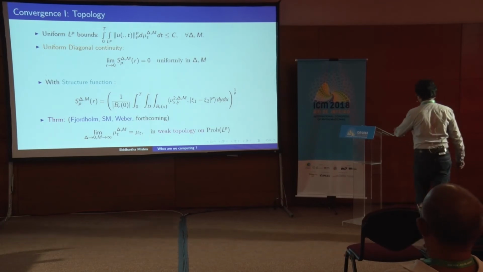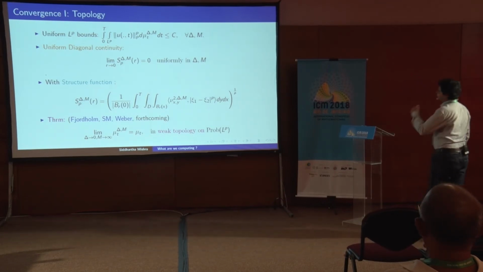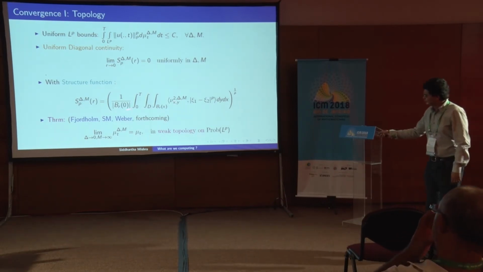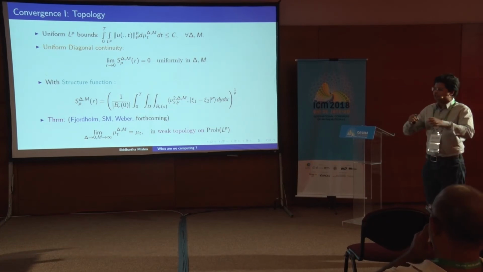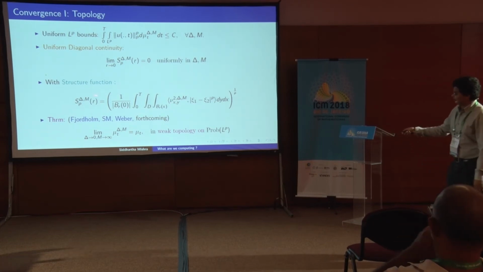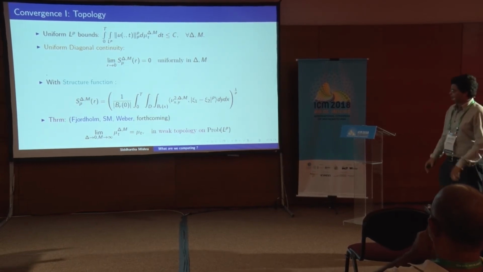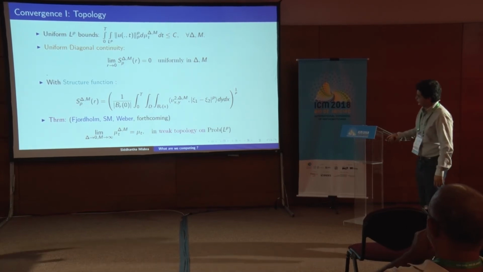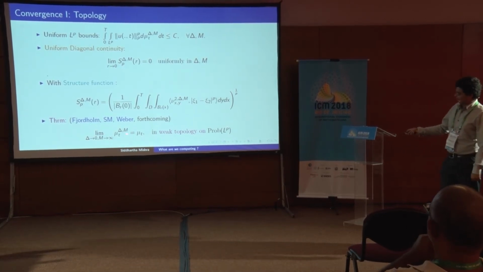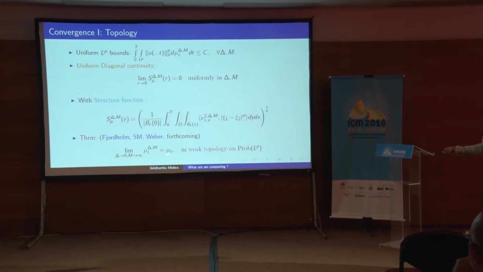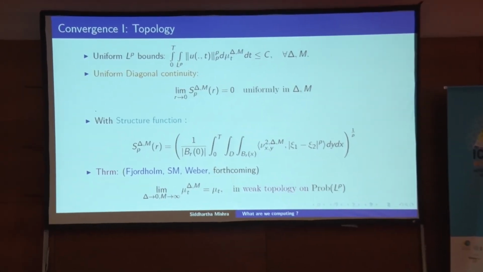So first, I need a uniform bound in LP, and then the structure functions, which tell me correlation at small scales, I need some uniform control on that. If you have these sufficient conditions, then in a forthcoming paper, by using some rather heavy analysis a la Ambrosio, we show that this sequence will converge in the weak topology to a probability measure on LP.